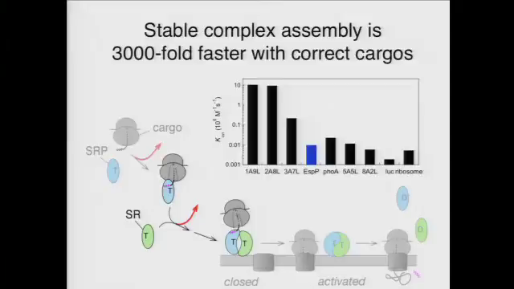So the two strongest cargos will mediate very rapid assembly of this GTPase interaction, taking place often in less than a second. And that speed just drops dramatically as the signal sequence gets weaker. And now between the strongest and weakest cargos, we have over 1,000-fold difference in the rate at which these ribosomes can be delivered to the membrane.